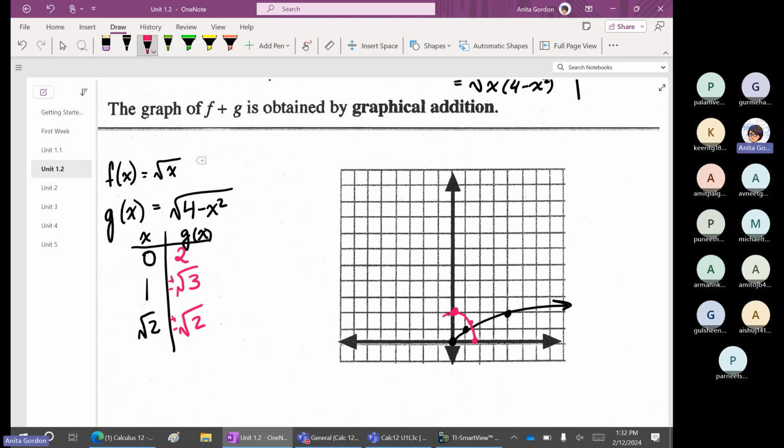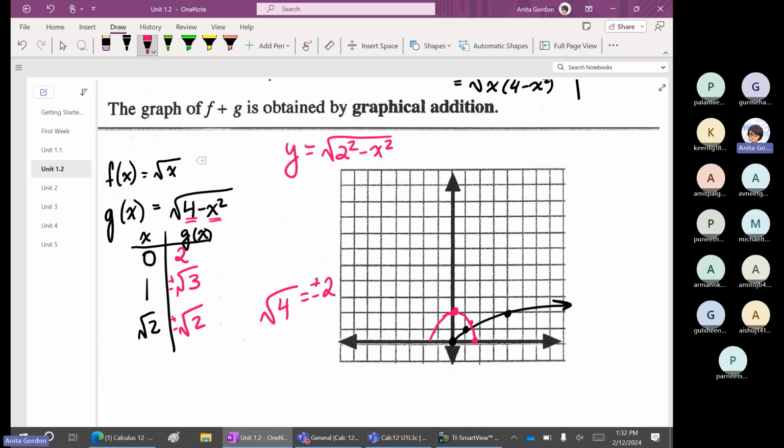Because it's a circle. When we have a square minus a square inside of a square root, it represents a circle, right? Also, when we put the number in, the square root of 4 equals plus or minus 2.